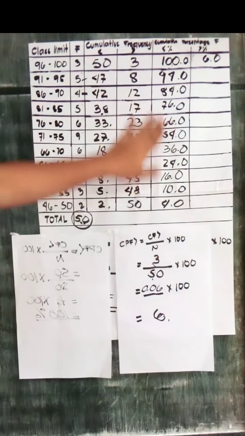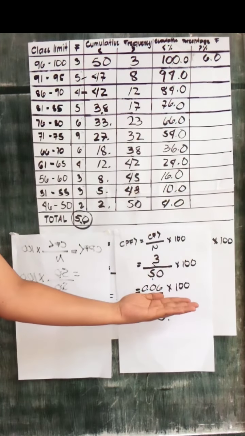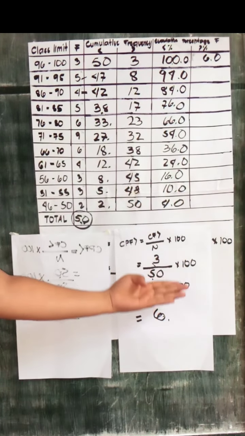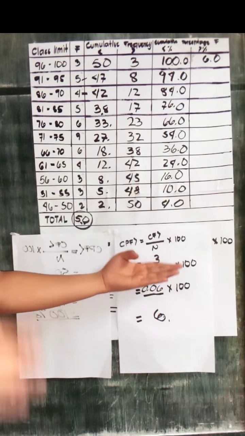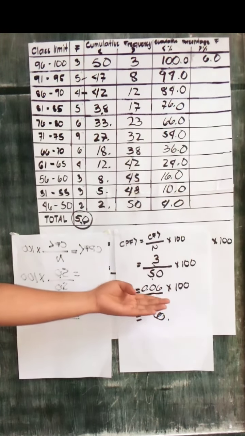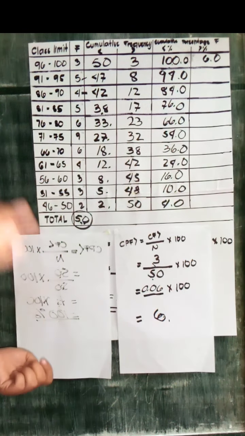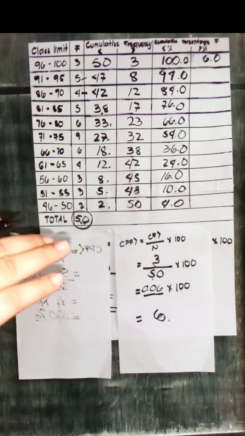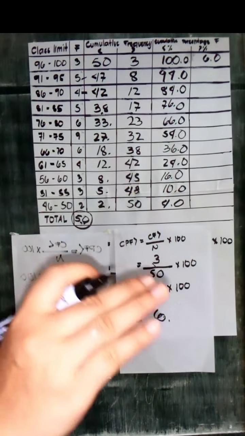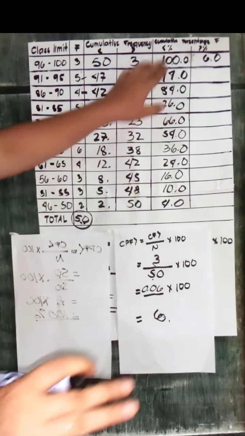Now, I have another example to help you understand how to compute the cumulative percentage frequency greater than and lesser than. Same computation, but the difference is the symbol.